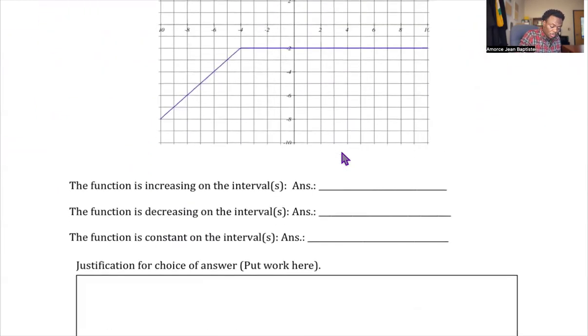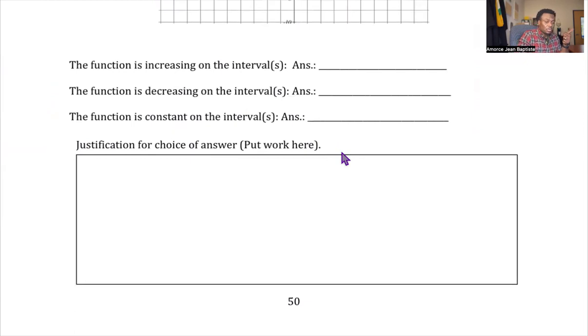Okay, now increasing will be when the function has a positive slope. So you see the slope of the graph, well, that's going up, right? I showed you that earlier, how the increasing portion of the graph is when the graph is going up. But you would see in terms of slope of the graph, even if it's not a line, if I give you something like this, you can see the trend of the line.